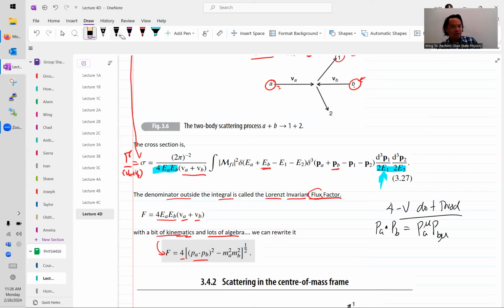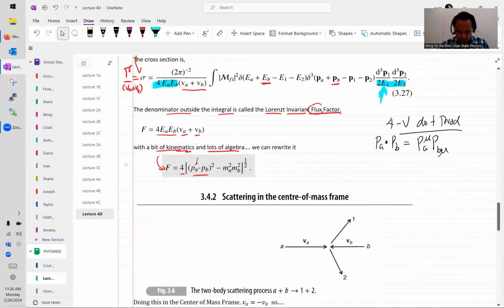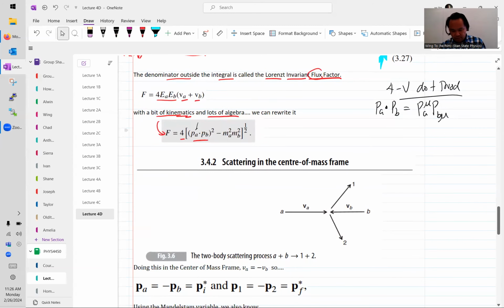But that's okay, we figured it out. Dot products between things that are not bolded so far have definitely been for 4-vectors. You can figure out in context whether he means 4-vectors or 3-vectors, but it does take a little bit of thinking before you can figure out which one is which. So this is going to be an important factor because it turns out to be a Lorentz invariant.